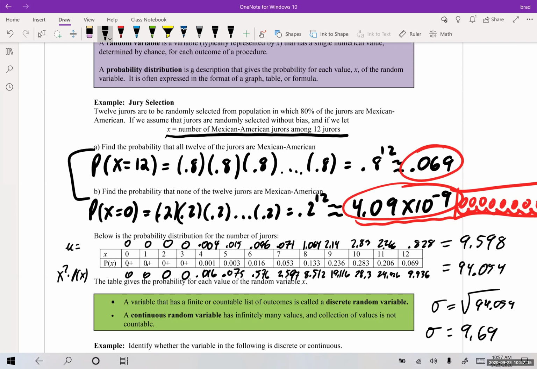That doesn't sound right. Let me see, how did it tell me to find this? Did I do it wrong? No, that should be right. Let me double check something, guys, in my notes. I can't read the writing here.